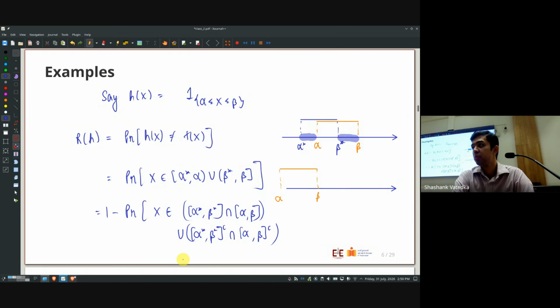Which one? So okay. So when is the classification correct? When both of them predict 0 or both of them predict 1. Correct?